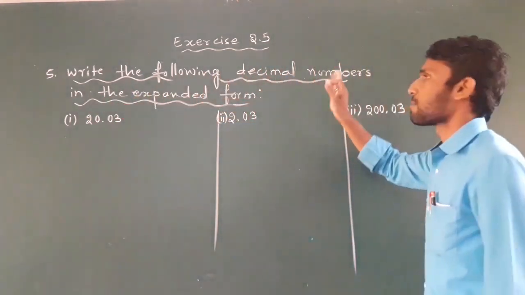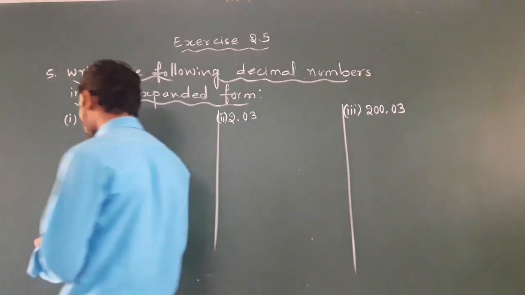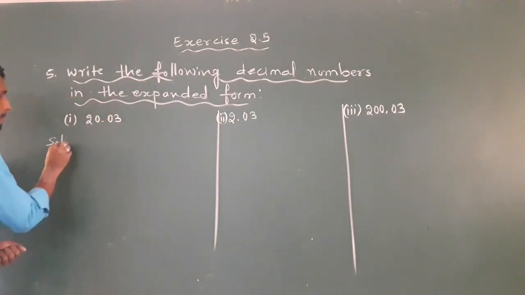Write the following decimal numbers in the expanded form. Dear friends, see the first problem solution.